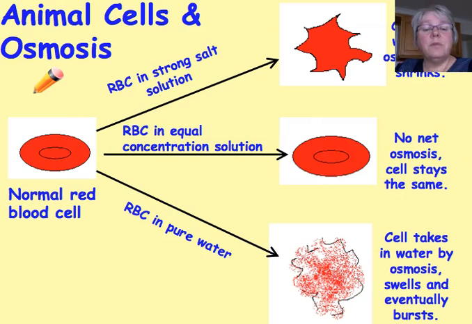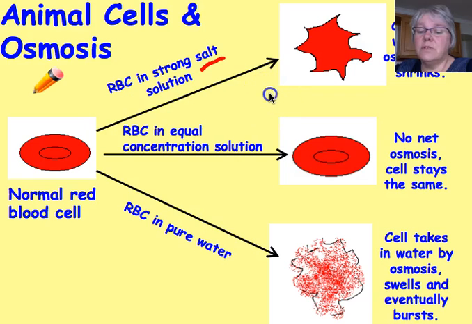What happens when we put animal cells into water or into a strong salt solution? And this wee diagram here has got it all summarised. When we put something like a red blood cell into a strong salt solution, the cell will lose water by osmosis and the cell starts to shrink.